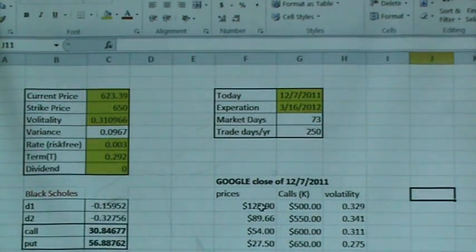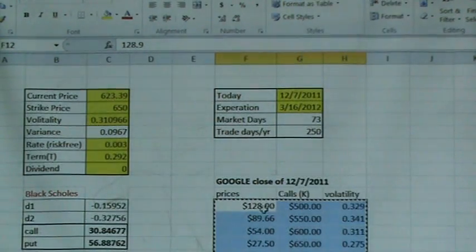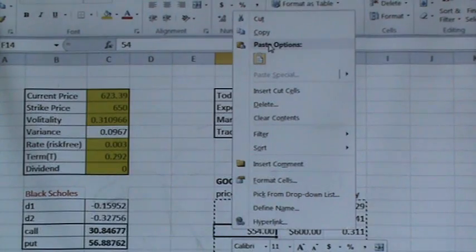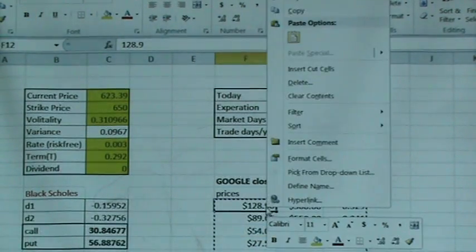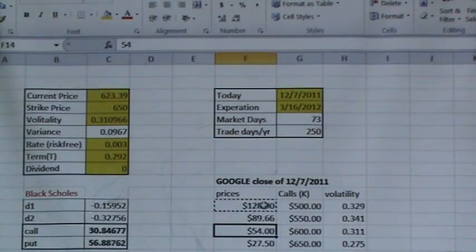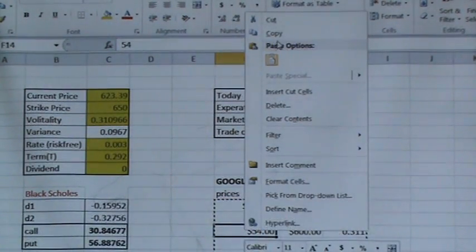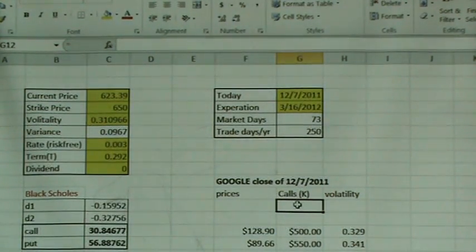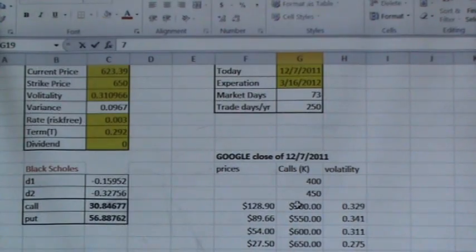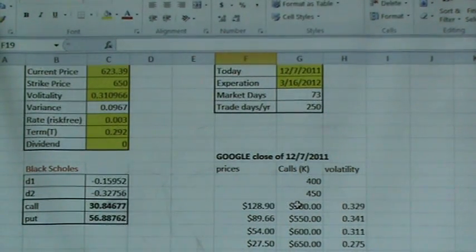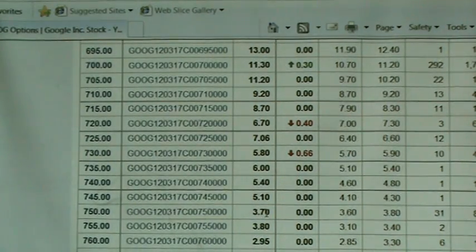What would be good ones to add? $7.50, so $3.70.